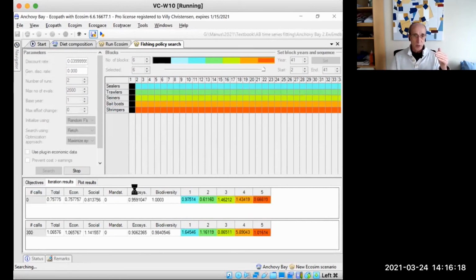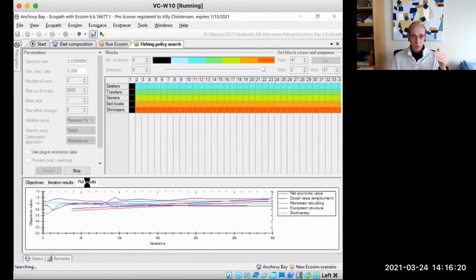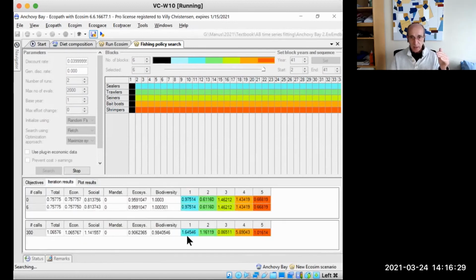Okay, it's done with the first one. Now we can get an idea of what happens here in the first. This is just how much it changed, not that much over time. Back to iteration. It's starting again, and now it's starting from a different perspective. The first run ended up with higher fishing for seals, for the trawlers, and specifically for the bait boats.